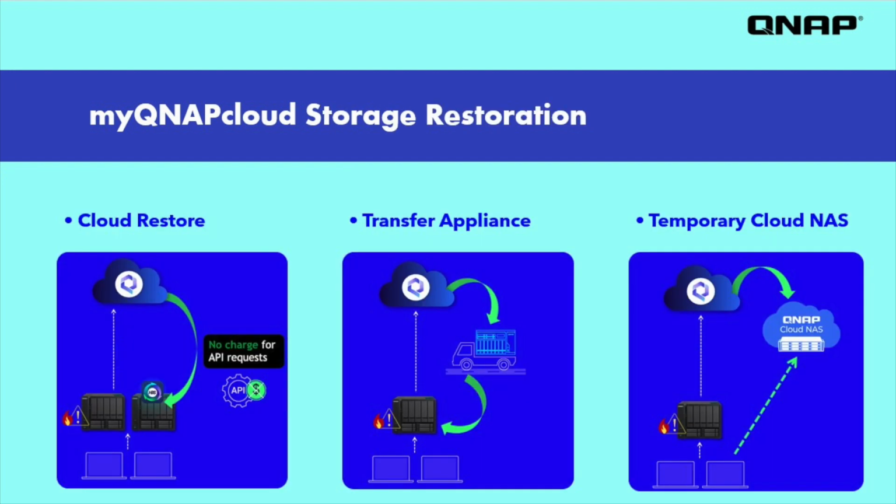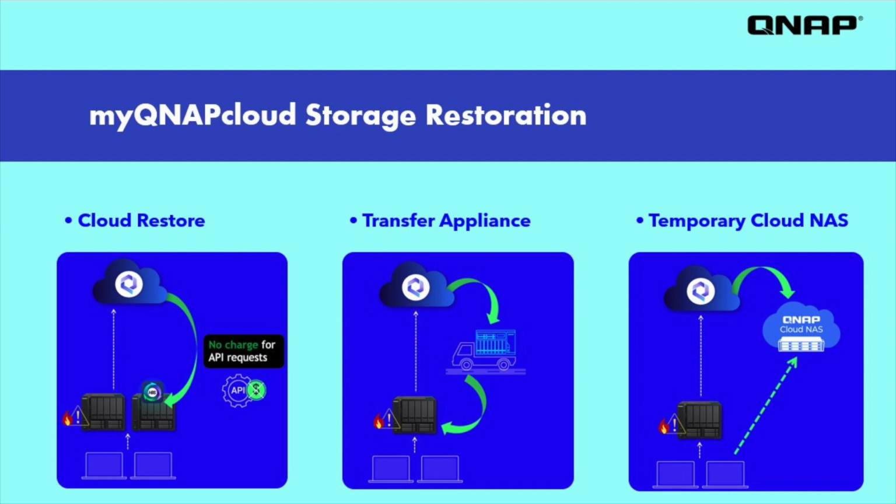There are 3 methods by which data can be restored from myQNAPcloud Storage. The first method is to an on-site or remote NAS using Hybrid Backup Sync, and there are no charges for API requests using this method. The next method is to physically transfer secure appliances with large amounts of data out of myQNAPcloud Storage.